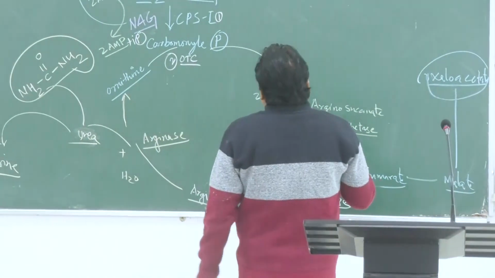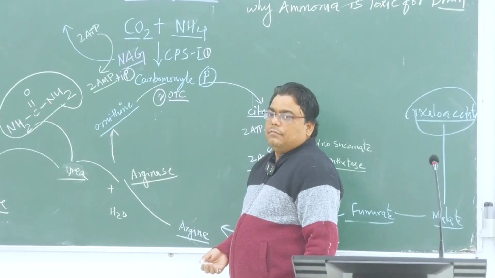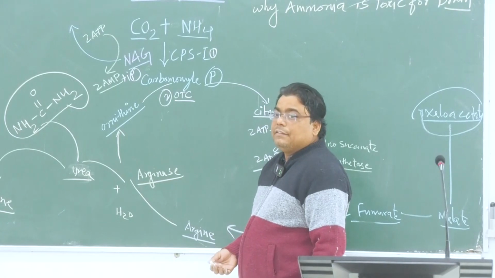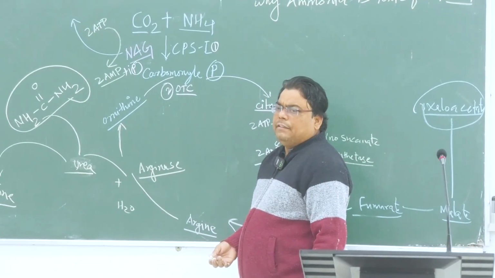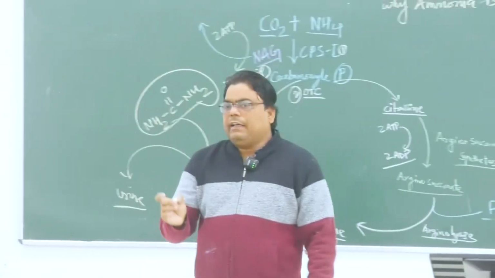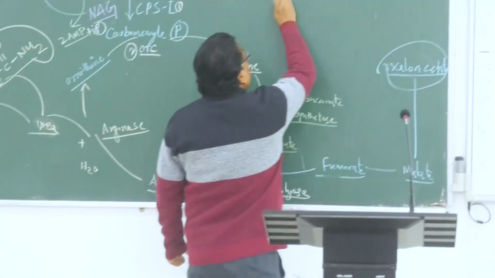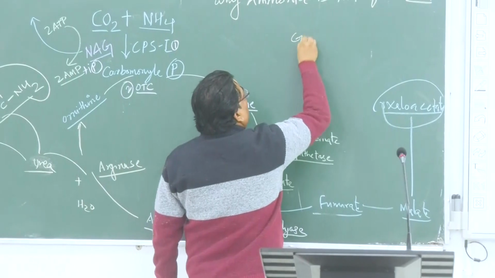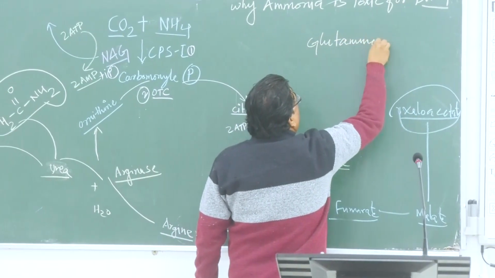How is ammonia present, in which form? Glutamine or glutamate? Glutamine. Amine stands for ammonia. Just simply understand. Glutamine.